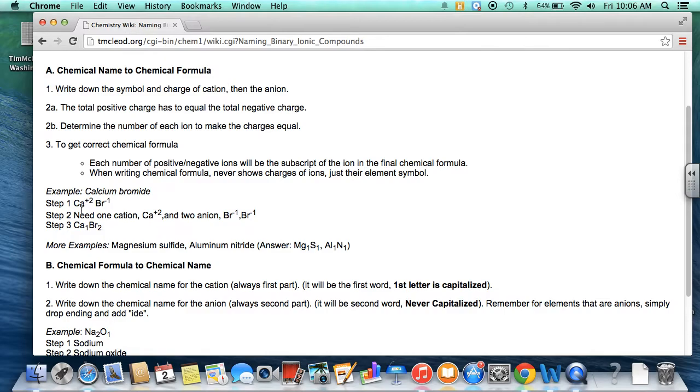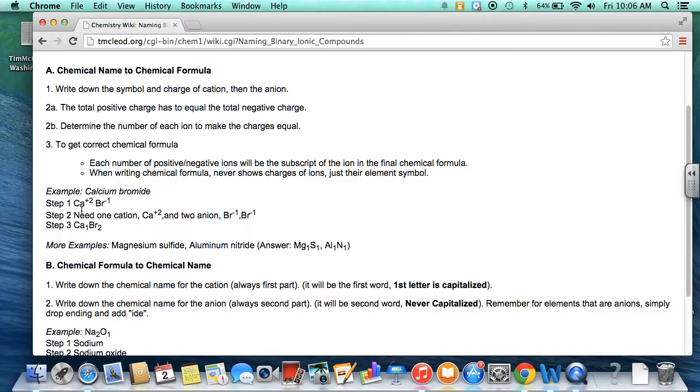On the anion side, the total negative charge is -2, but each bromide only wants one, so you need two of them, and that's why the subscript is Br2. So that's how you find the chemical formula for an ionic compound.